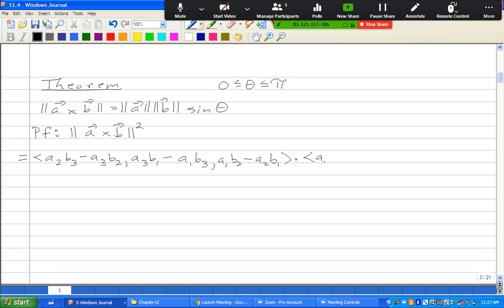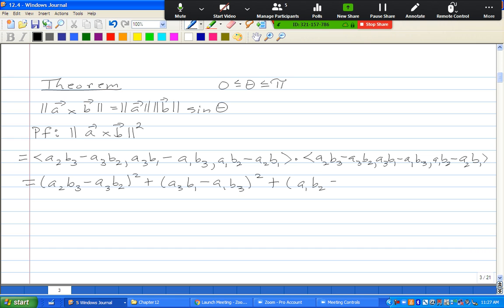These are equal. So this is equal to A2 B3 minus A3 B2 squared plus A3 B1 minus A1 B3 squared plus A1 B2 minus A2 B1 squared.